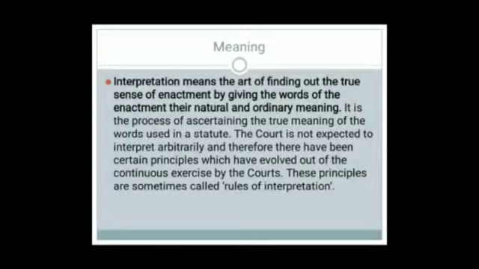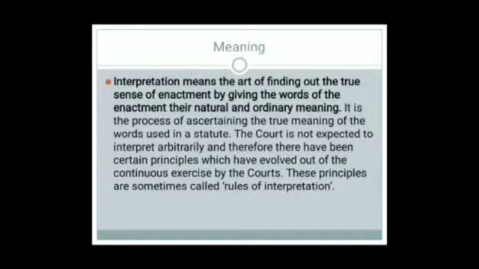I'll repeat this: interpretation is a process of explaining or expounding or even translating. When you translate any text in written form, when you explain the meaning of it, when you expound it, when you understand it, that is interpretation.